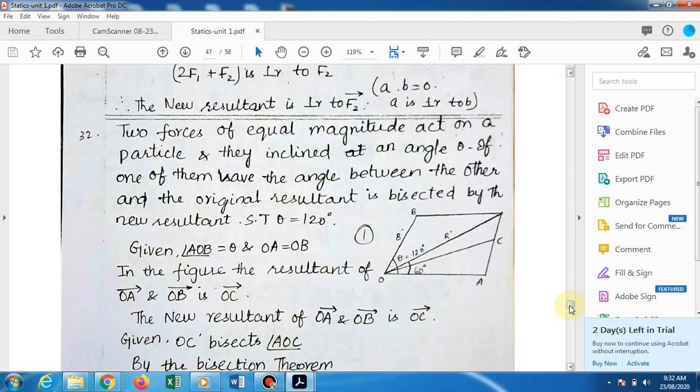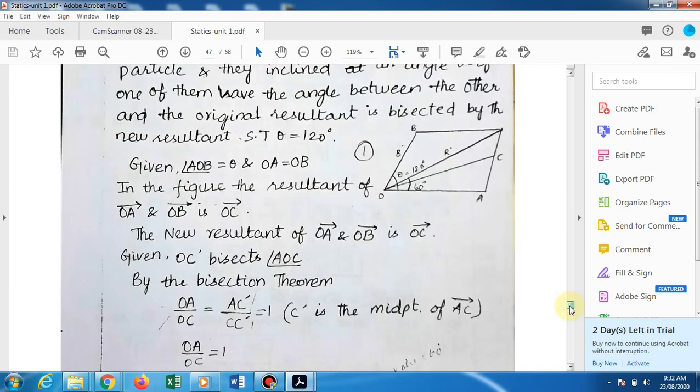Given angle AOB is equal to theta and OA is equal to OB. In the figure, the resultant of OA vector and OB vector is OC vector. You see the diagram. Given that the new resultant is bisected at angle AOC, by the bisection theorem, OA by OC is equal to AC dash divided by CC dash, which is equal to 1, since C dash is a midpoint.